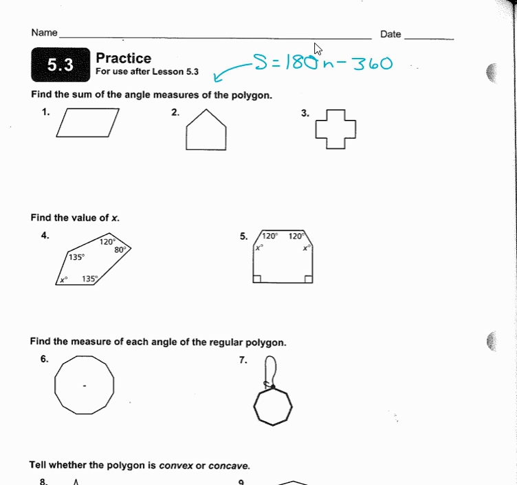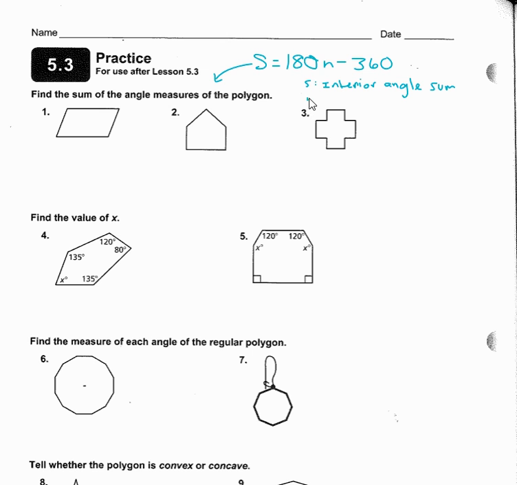And again, S is the interior angle sum. Interior angle sum means you add up all the angles in a polygon, and that's the sum, the result when you add all those angles inside of the polygon.